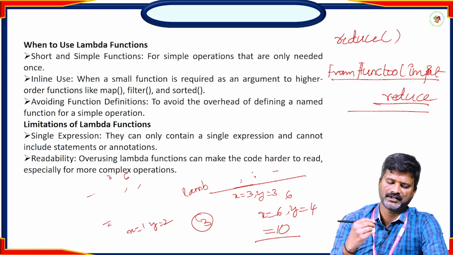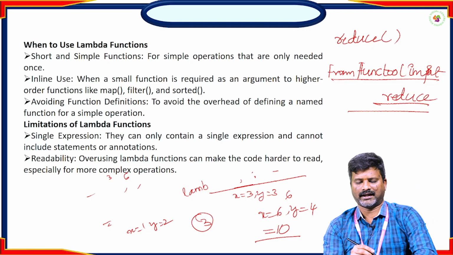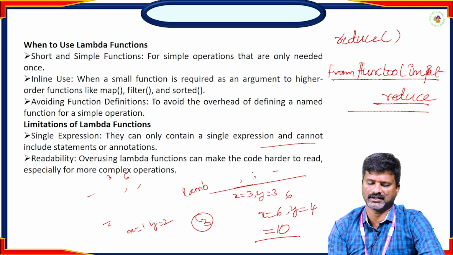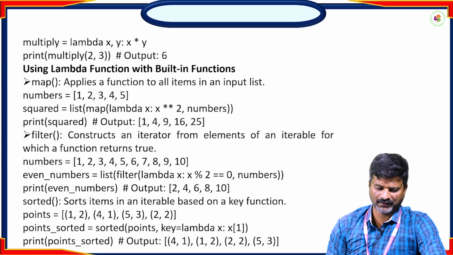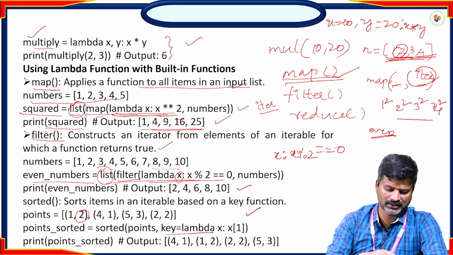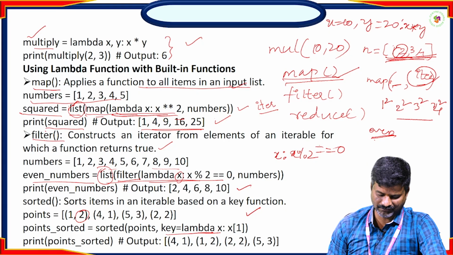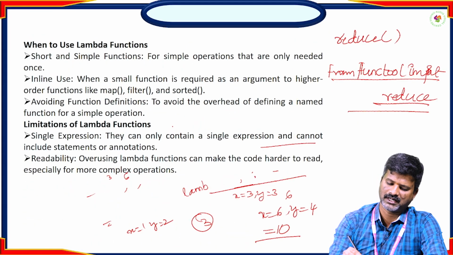There are certain limitations to using lambda functions. One is the single expression: they can only contain a single expression and cannot include statements and annotations. That means simple applications. If you observed the previous example, we used the lambda function in a simple manner. If you have some complex logic, you cannot use a lambda function.